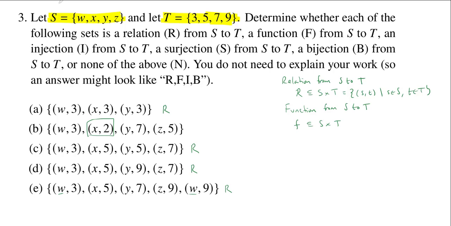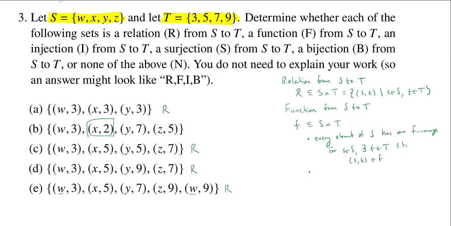First, every element of S has an f image. What do I mean by that? For s in S, there exists a t in T such that (s, t) is an element of f.